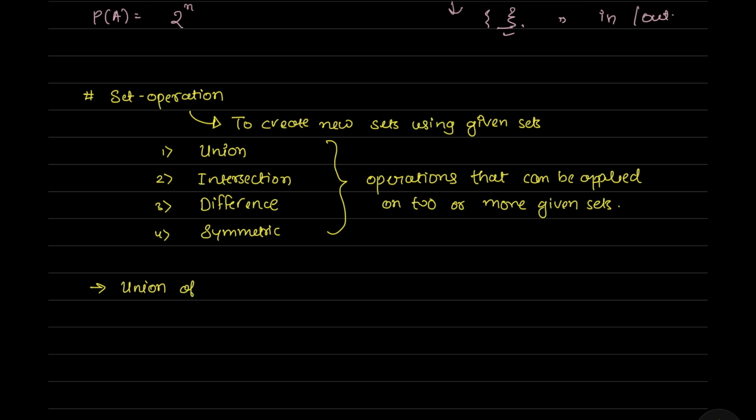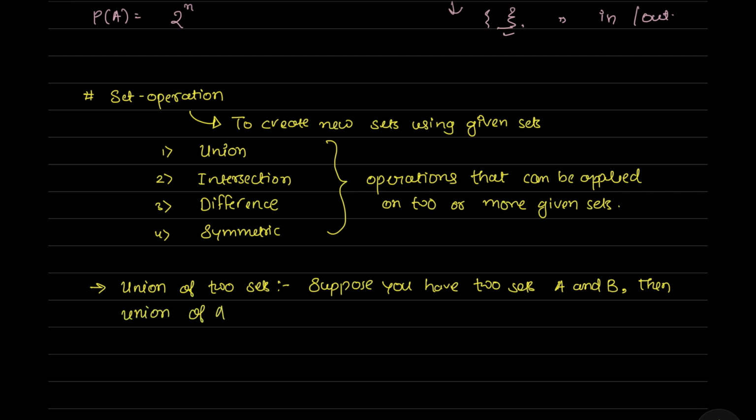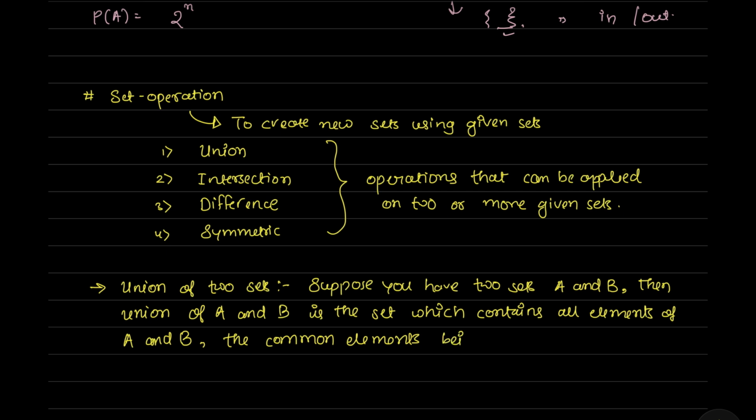Union of two sets. Understand this. Suppose you have two sets A and B. Then union of A and B is the set which contains all elements of A and B, with the common elements being repeated only once.